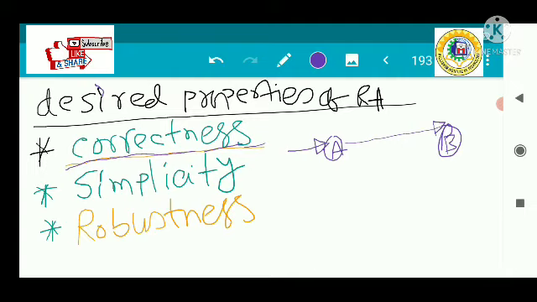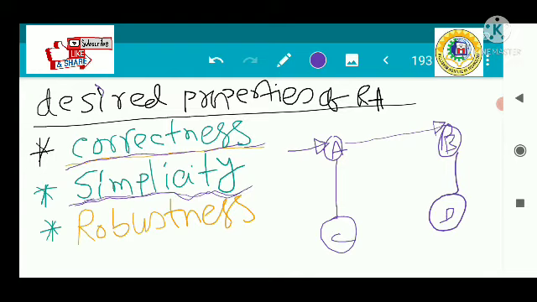The next property is simplicity. Whenever you make a connection through the router, that connection must be simple. The structure or architecture of the connection must be simple so that the routing algorithm can be made.